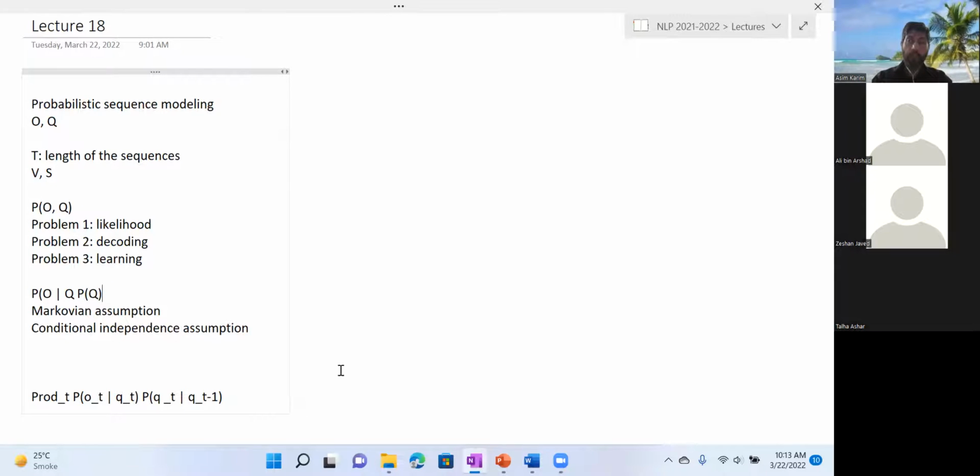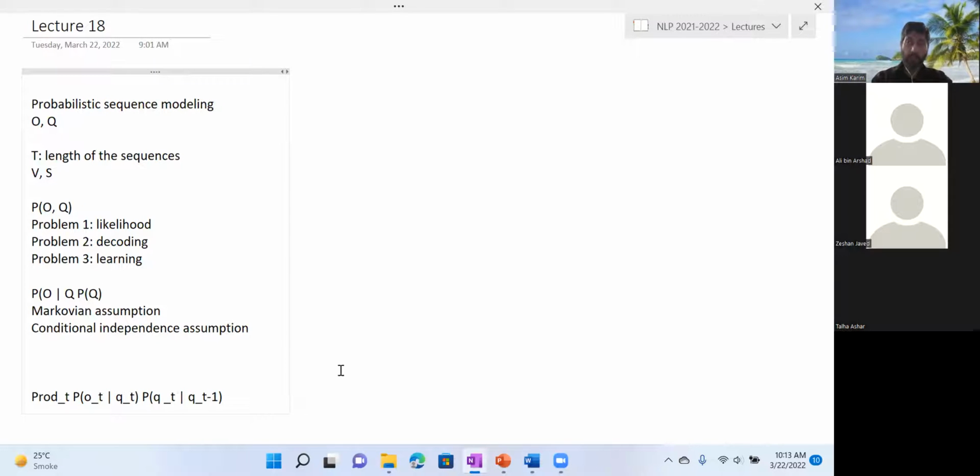So the full joint we discussed last time was difficult to estimate, in that you need lots of parameters, or you need to estimate lots of independent probabilities. So we will make some assumptions. There are two assumptions: the Markovian assumption and the conditional independence assumption.